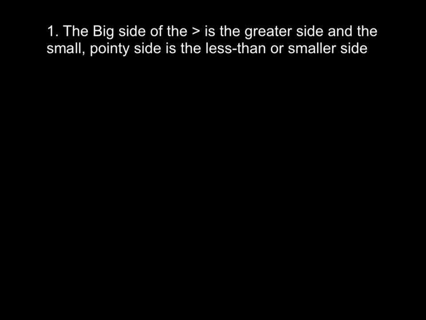So we've just got 4 main points to remember. First, the big side of the greater than triangle is the greater side, and the small pointy side is the less than or smaller side. So x is greater than 7.